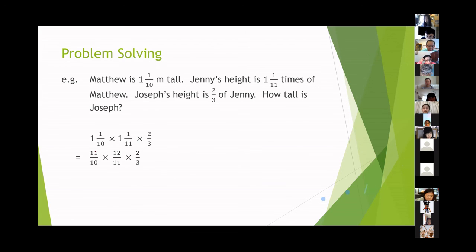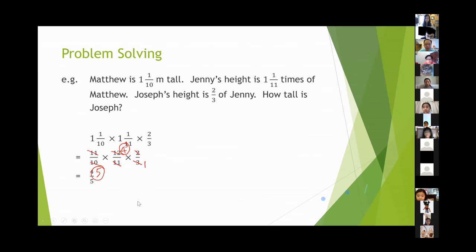So 11 and 11 simplify. 12 and 3 simplify to 1 and how many? 4, right? And then 2 and 10 will be 5. We have 4 on top, 5 at the bottom. So the answer is 4/5.